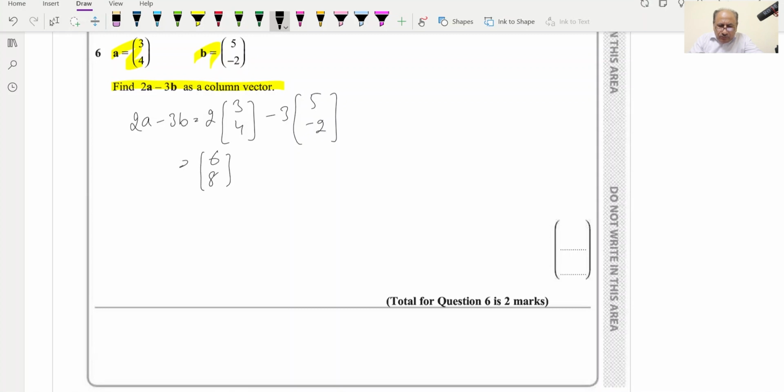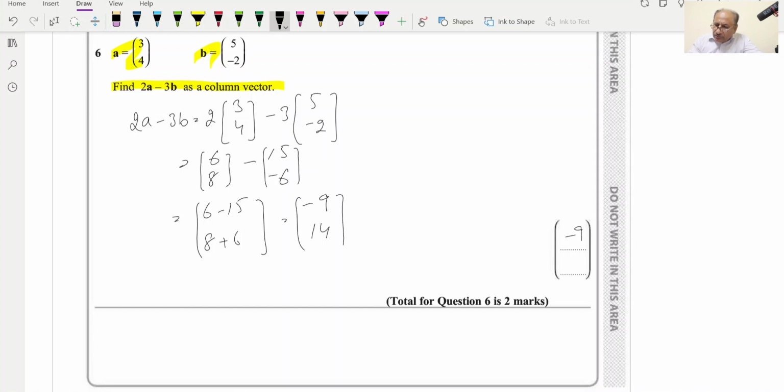We multiply 2 with this one, and minus 3 with this, which will be 15 and minus 6. In column form, this will be 6 minus 15, and 8 minus minus 6, so plus 6. This will be equal to minus 9 and 14, in the form of a column vector.